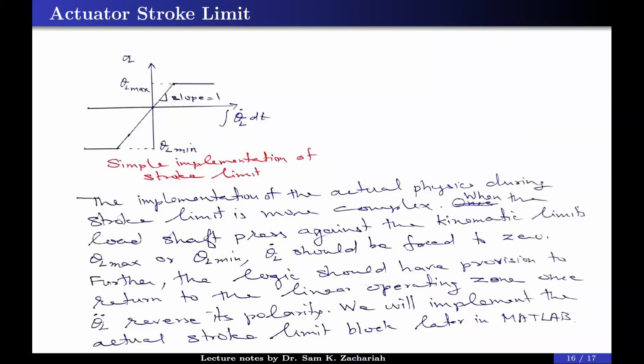You know that acceleration is coming when systems are stationary. The acceleration is directly proportional to the torque or force being applied to generate the acceleration. So if the force is now reversed, trying to move in the opposite direction, then why I put theta L dot is for a specific reason.